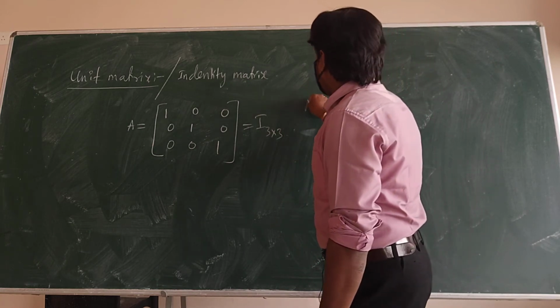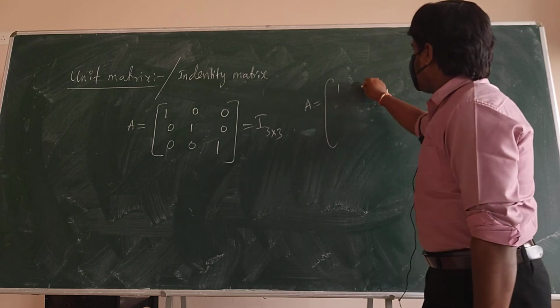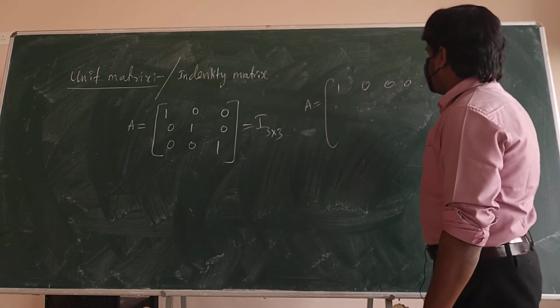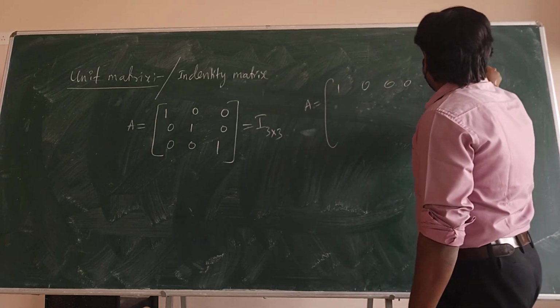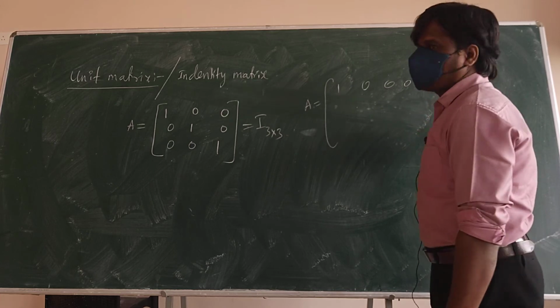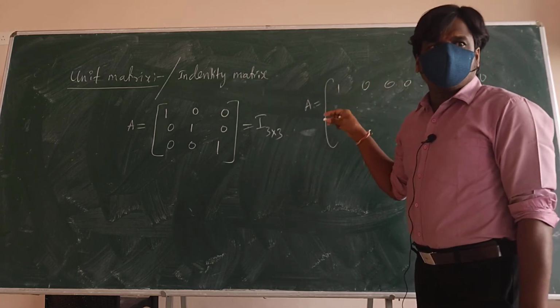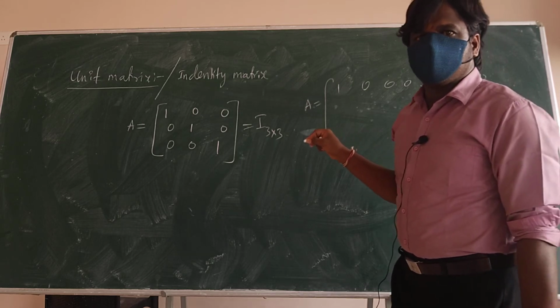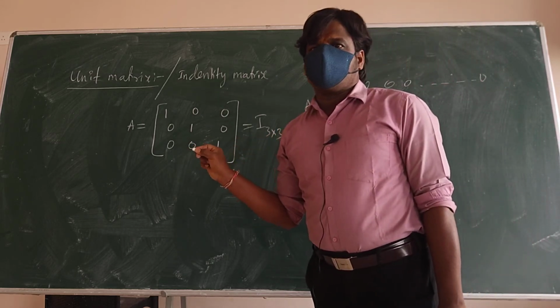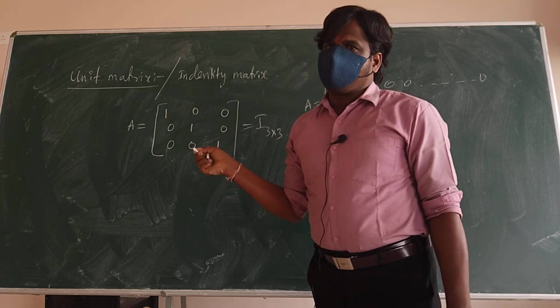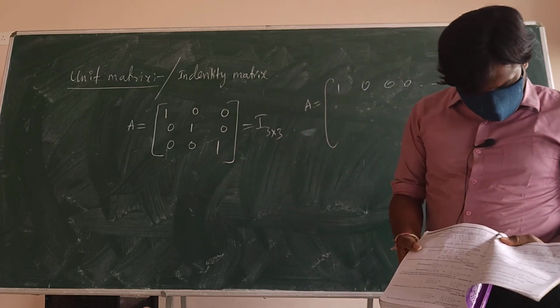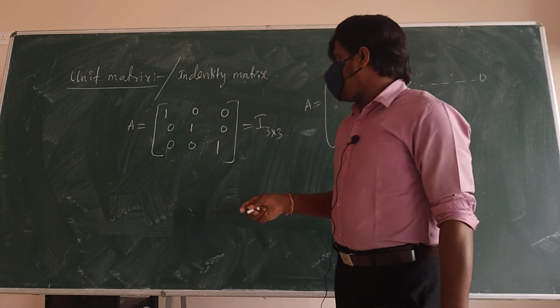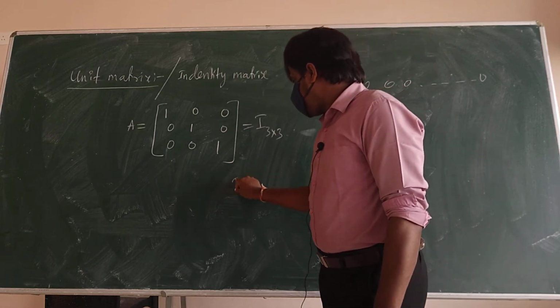If I write A is equal to 1, 0, 0, 0, and so on, n times, we call it In, because the order of a square matrix is n cross n. What is the I2 matrix?